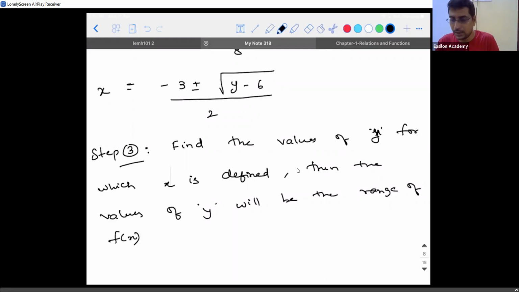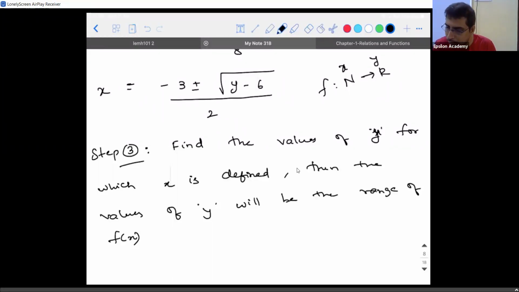Okay, what is the function they gave actually? f is a function mapped from natural numbers to real numbers. This is x, this is y. What I'm trying to say is, when you substitute y as any real number, will x come out as a natural number? That is the question.